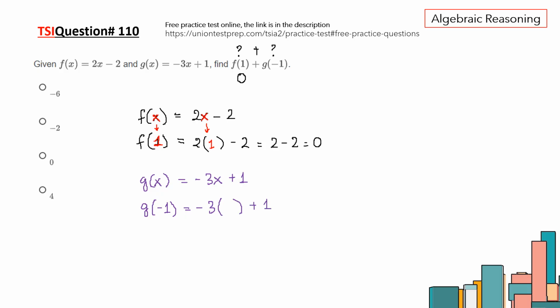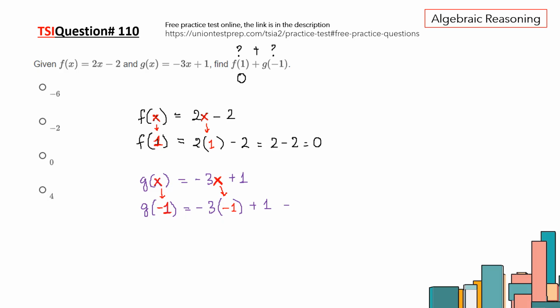Now you see that we have x here. G is the function of x. So the position of x inside the parentheses is negative 1. So when you see x, you plug in negative 1.